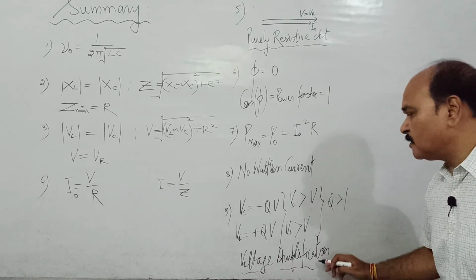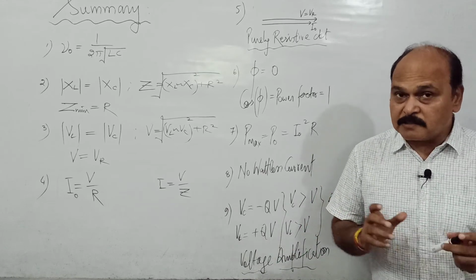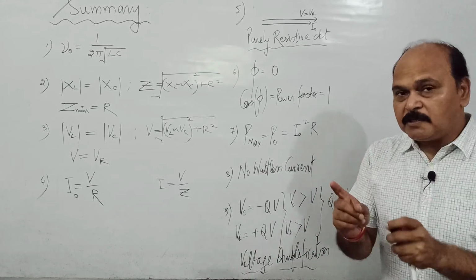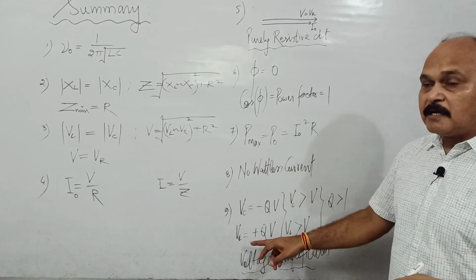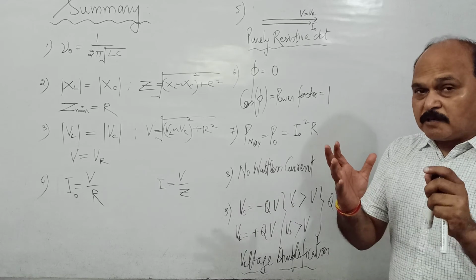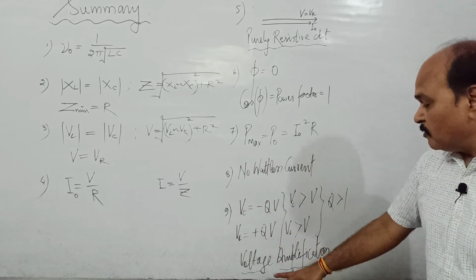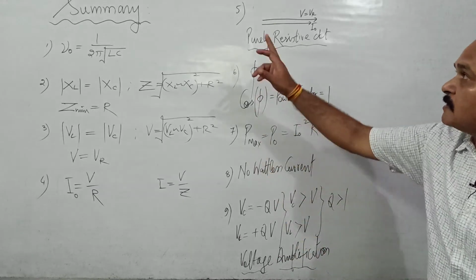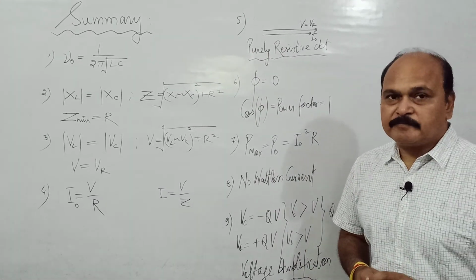So it's true that the overall voltage is the same as the voltage across resistance, but if we individually obtain the voltage across condenser and inductor, these voltages have very high values. That is what is called voltage amplification. So the LCR series circuit is also used for voltage amplification.